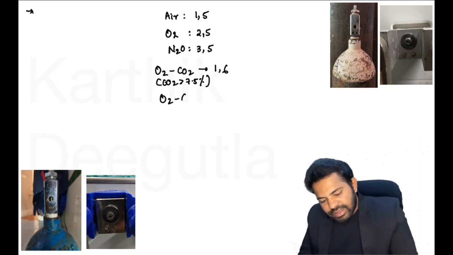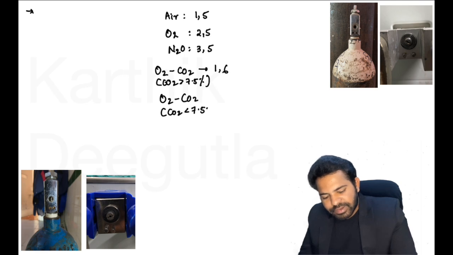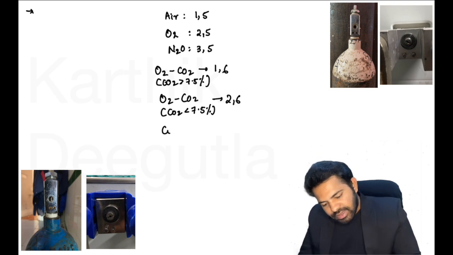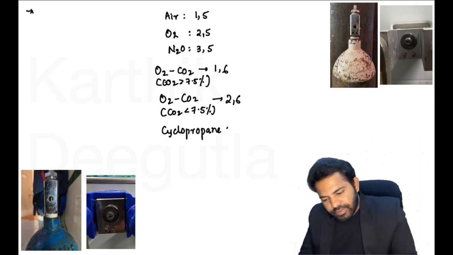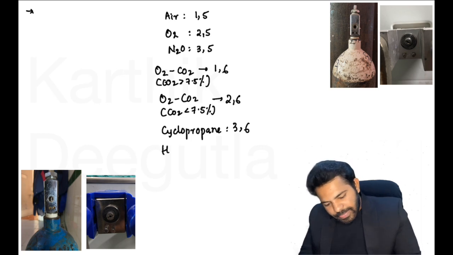Then oxygen and carbon dioxide with carbon dioxide less than 7.5%, the pin index is 2,6. 1,6 followed by 2,6. Then we have cyclopropane, the pin index is 3,6. Clear? Then we have heliox with helium more than 80%.